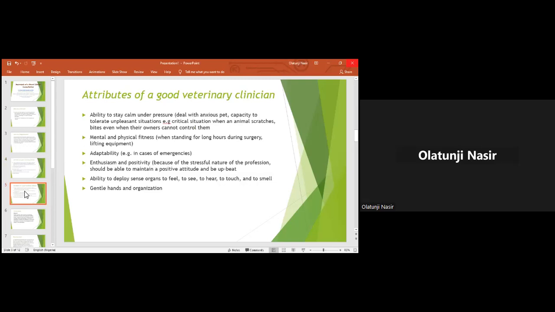Then another very good one, because you have a lot of cantankerous owners who will come just to destabilize you. And if it's not in the form of a human, it could be in the form of an animal. You get to a farm, and the history you hear is that the cow or that horse kicks everybody.